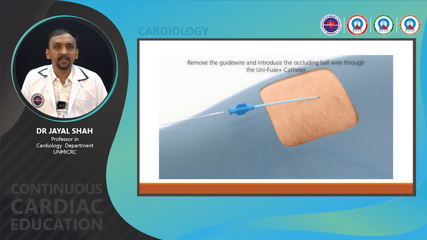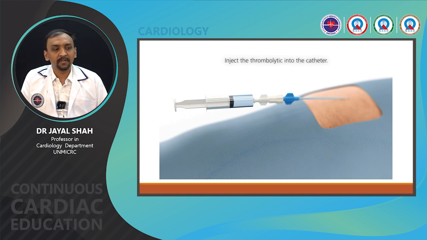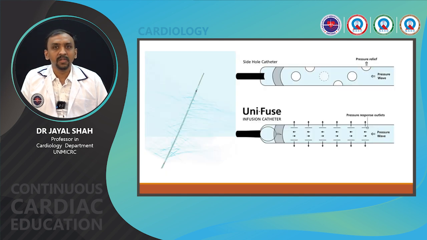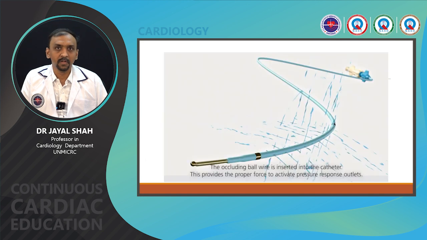And then after the insertion of the sheath, remove the guide wire and introduce the occluding ball wire through the Unifuse catheter, and ultimately after the occluding ball wire, inject the thrombolytic into the catheter. So this will lead to the uniform dispersion of thrombolytic agent with pressure across the clot, and that will increase the dissolution of the clot.